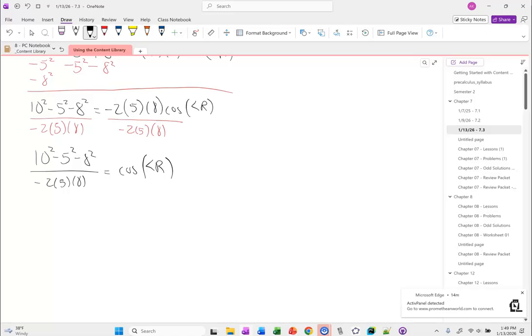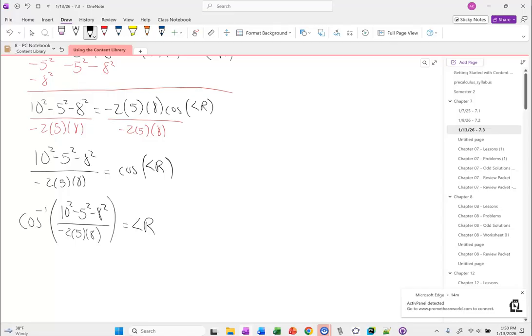And then to get angle R all by itself, I've got to get rid of that cosine out front. How do I cancel out that cosine? Inverse. Cosine inverse. Again, who's noticed how you know at the start of the problem whether you're going to need to use an inverse or not? How do we know? If you're trying to solve for an angle value, you know you're going to need to use the inverse trig function at some point.